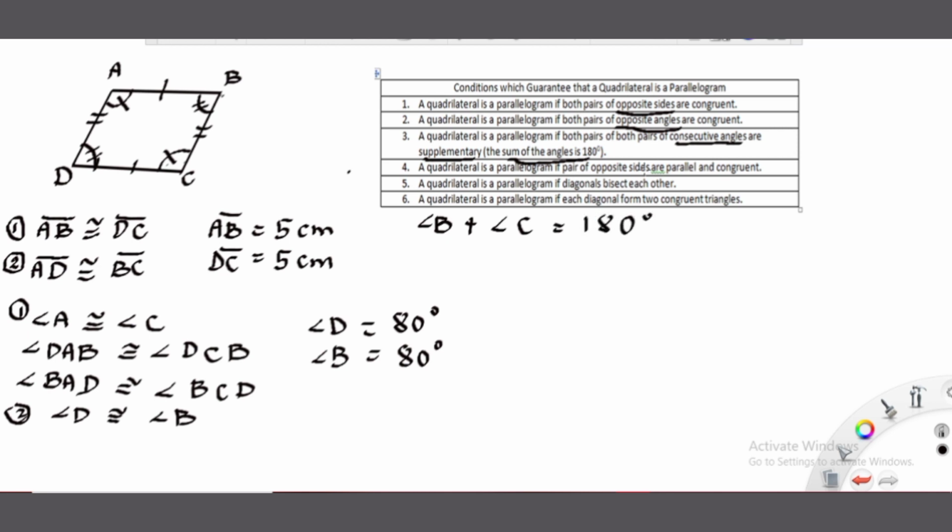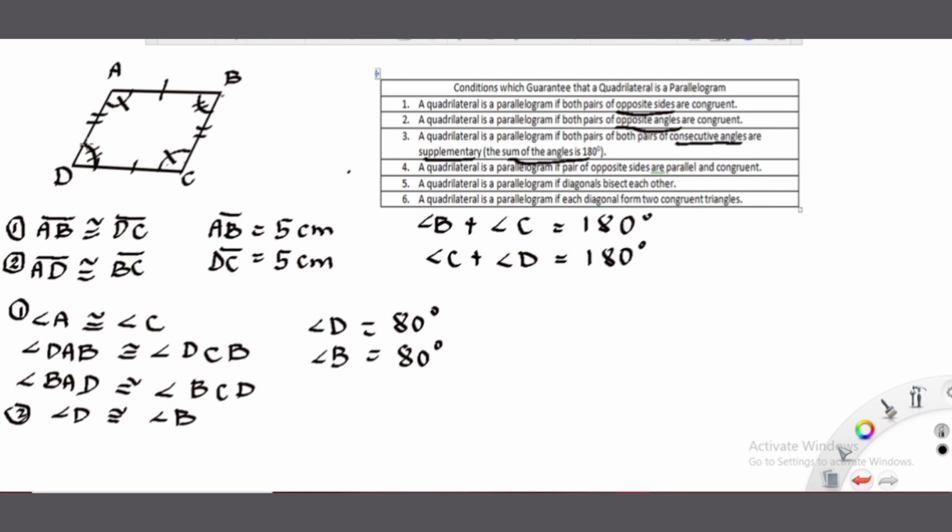So they are supplementary. The same with angle C and angle D. So angle C plus angle D, they are two consecutive angles. It means to say that when we add them, the sum is 180.